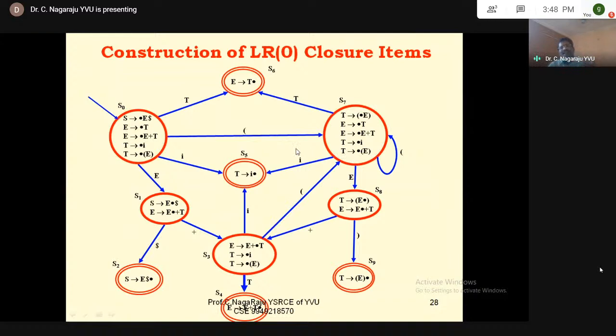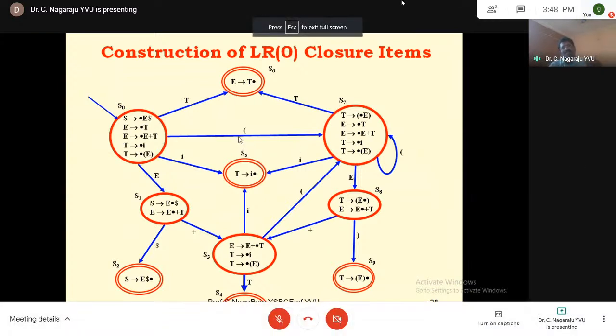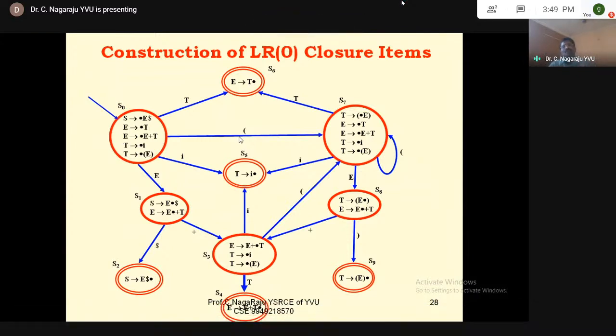But here is the graph I am taking. There is another method for finding the states and closure of items, and how we are getting the states is very easy. If you understand it, suppose it is an animation, you go through that. For every symbol moving from one state to another state, the dot moves to the right side by one position.